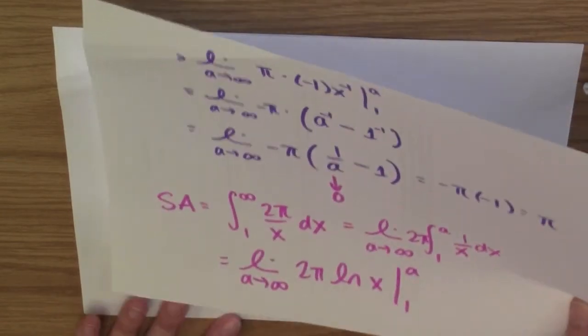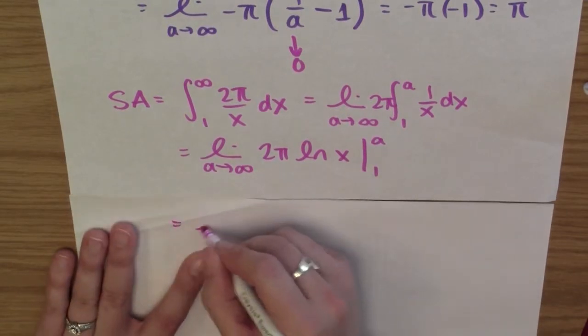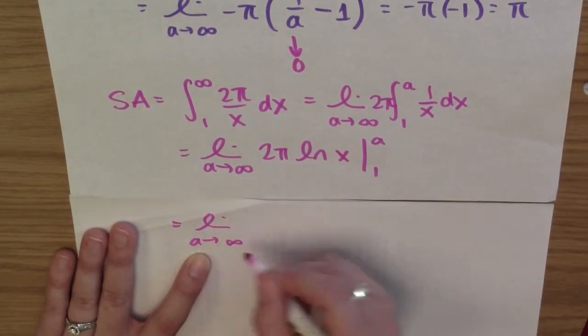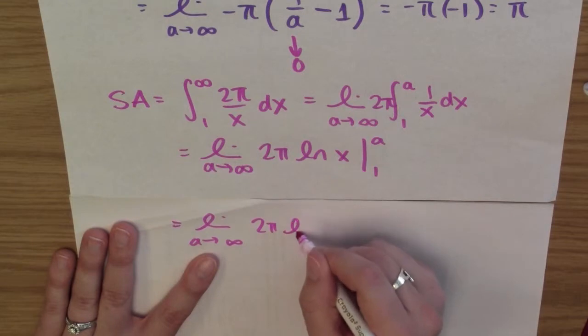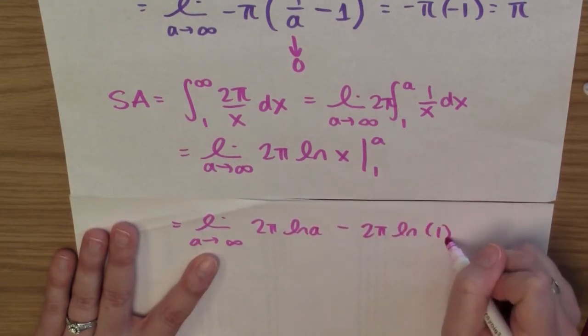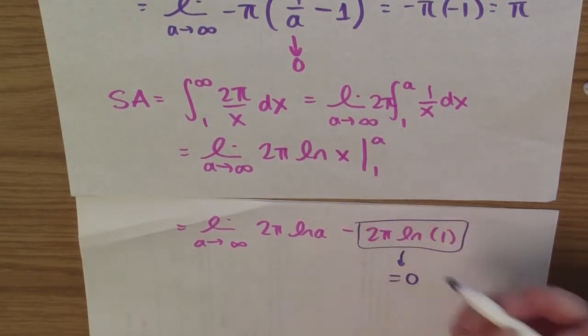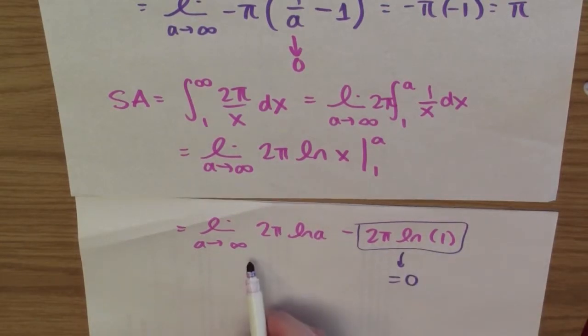Okay, so what do I get when I evaluate this? I get the limit as a approaches infinity of 2 pi times the natural log of a minus 2 pi times the natural log of 1. Well, the natural log of 1 is equal to 0, so this piece is equal to 0. And as a gets bigger and bigger, so does the natural log.